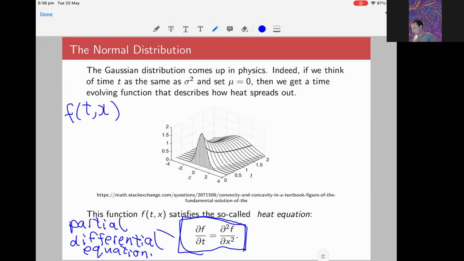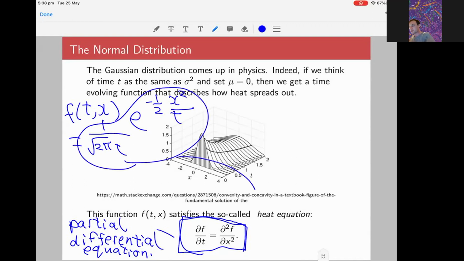If we let f be equal to 1 divided by root 2 pi t times the exponential of minus a half x squared divided by t, then this multivariate function here actually satisfies this partial differential equation here. Because this solution seems to model how heat spreads out, and it happens to solve this equation here, we call this equation the heat equation.